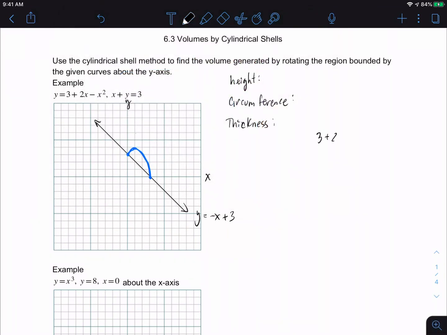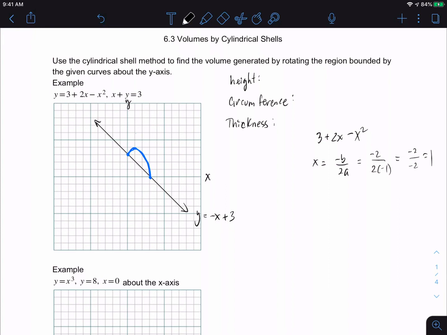If you have 3 plus 2x minus x squared, we know that the vertex is found at negative b over 2a. So that gives us negative 2 over 2 times negative 1, which is negative 2 over negative 2, which occurs at 1.